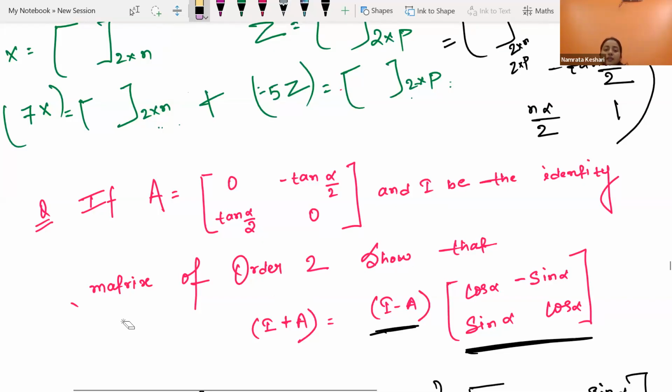Okay, here it says that there is a matrix A, where trigonometric terms are involved. So 0, minus tan alpha by 2, tan alpha by 2, 0, a diagonal matrix we are having. And I is the identity matrix of order 2, so you can take I as 1, 0, 0, 1. We are supposed to prove that the left hand side is equal to the right hand side. Okay, let's do it together.